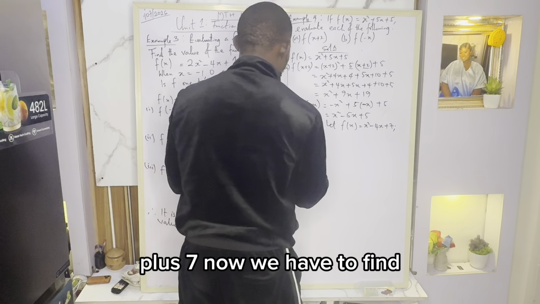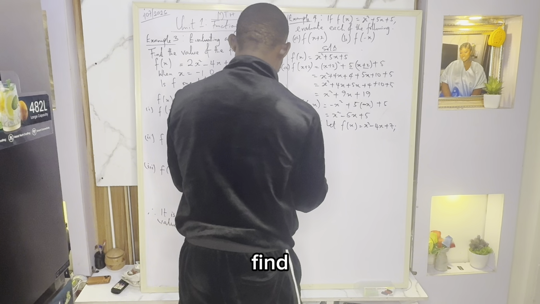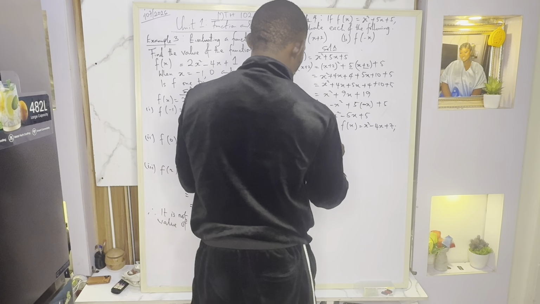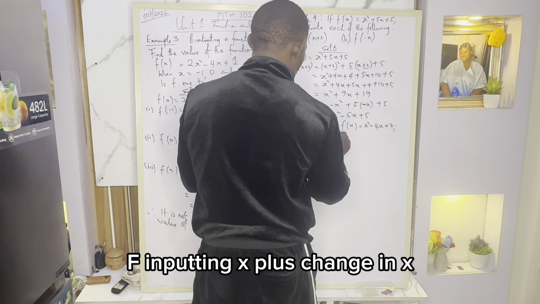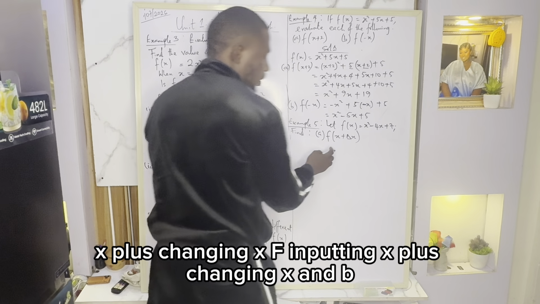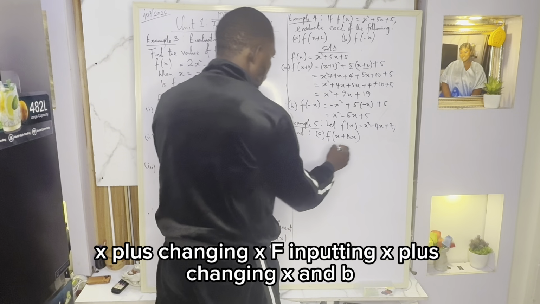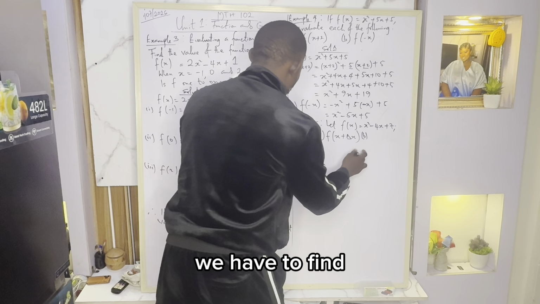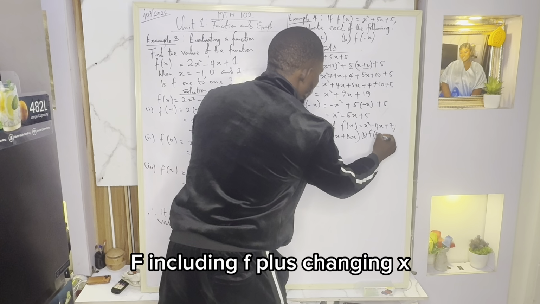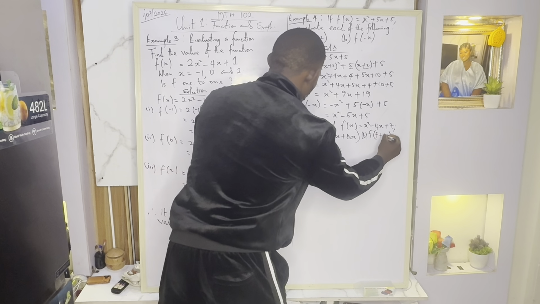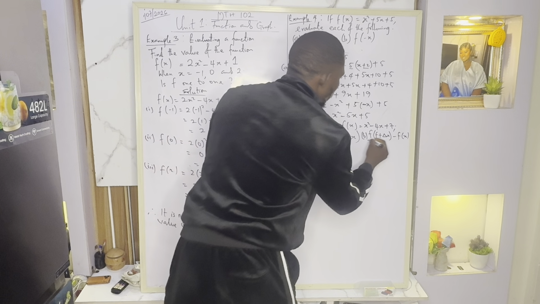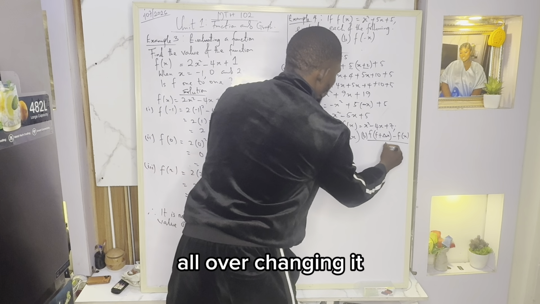Now we have to find A, f inputting x plus change in x, and B, f of x plus change in x minus f of x, all over change in x.